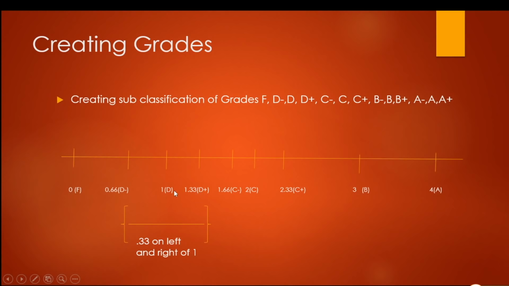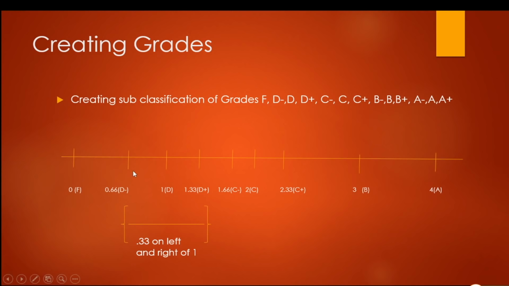Now the distance between D and D plus and D minus is the same. Similarly, the same procedure has been done for grade C. So we have put C at 2, moving 0.33 on the left and moving 0.33 on the right, we get 1.66 and 2.33 as the grade for C minus and C plus.